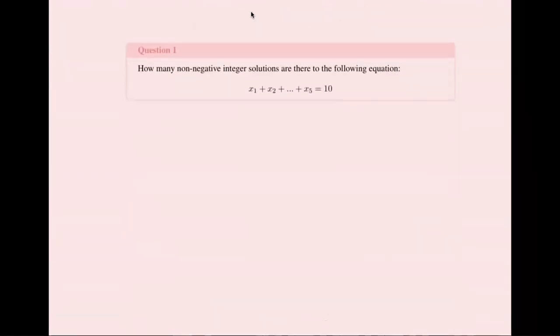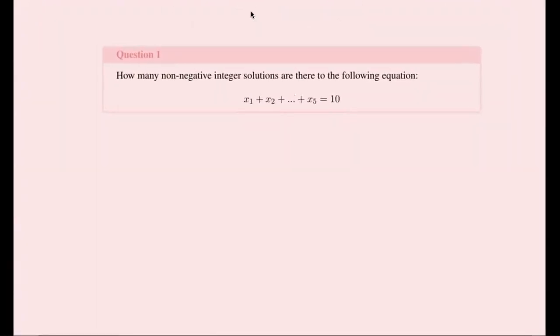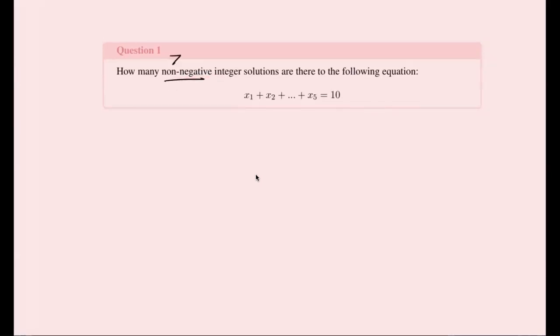I will walk you through question 1 and then I will let you do question 2 by yourself, and then I will take it up because they are very similar. It just builds up in terms of difficulty. So here we want to find how many non-negative integer solutions there are to this equation. If you think about it, non-negative just means greater than or equal to 0.